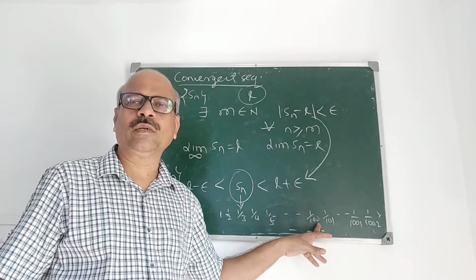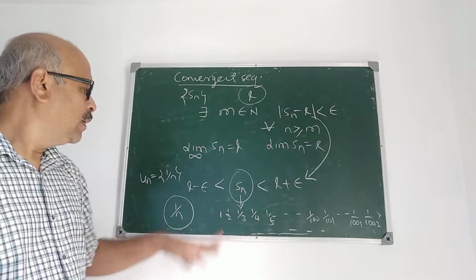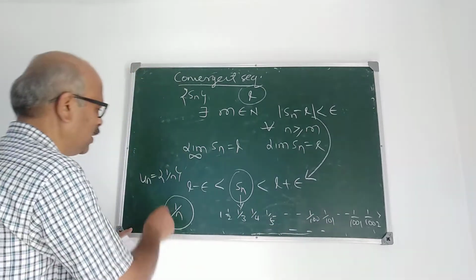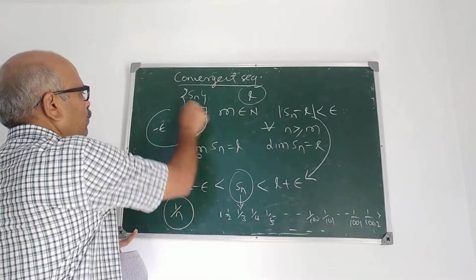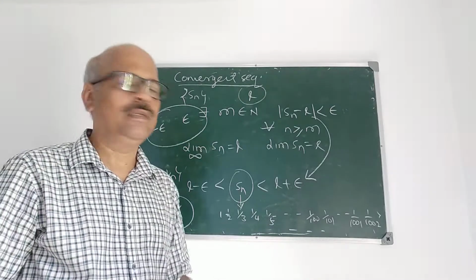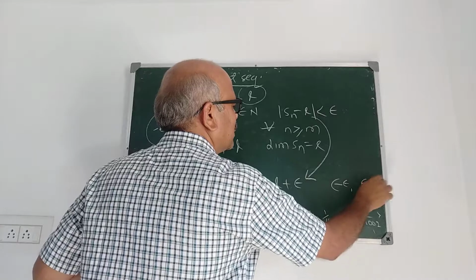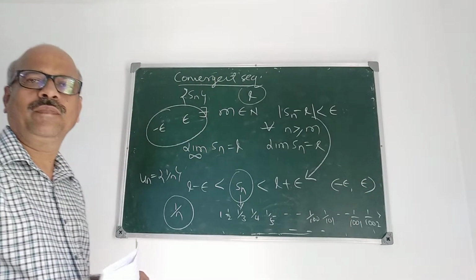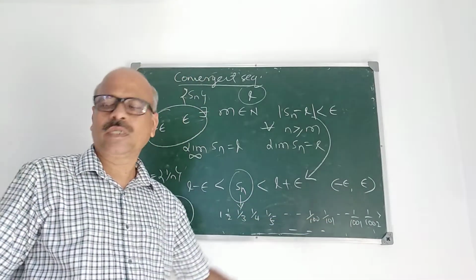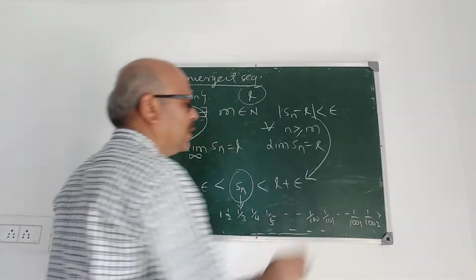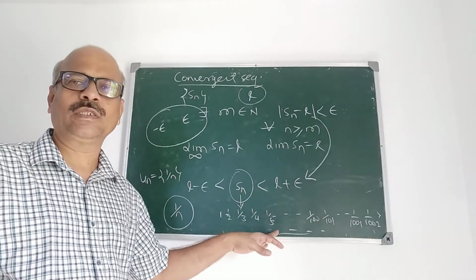The difference between the terms becomes very small, and the terms of the sequence lie between minus epsilon and epsilon in this interval. Therefore, this sequence 1 upon n converges.